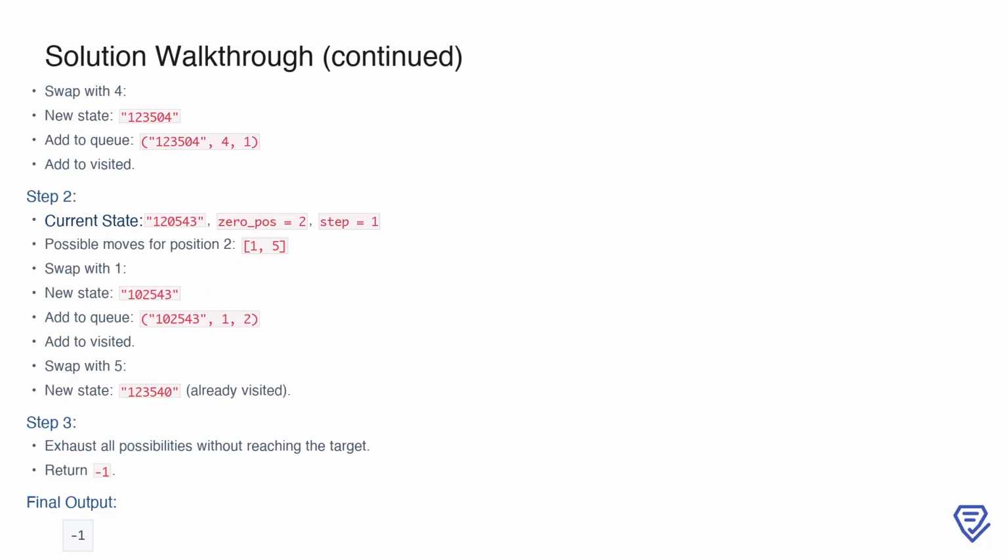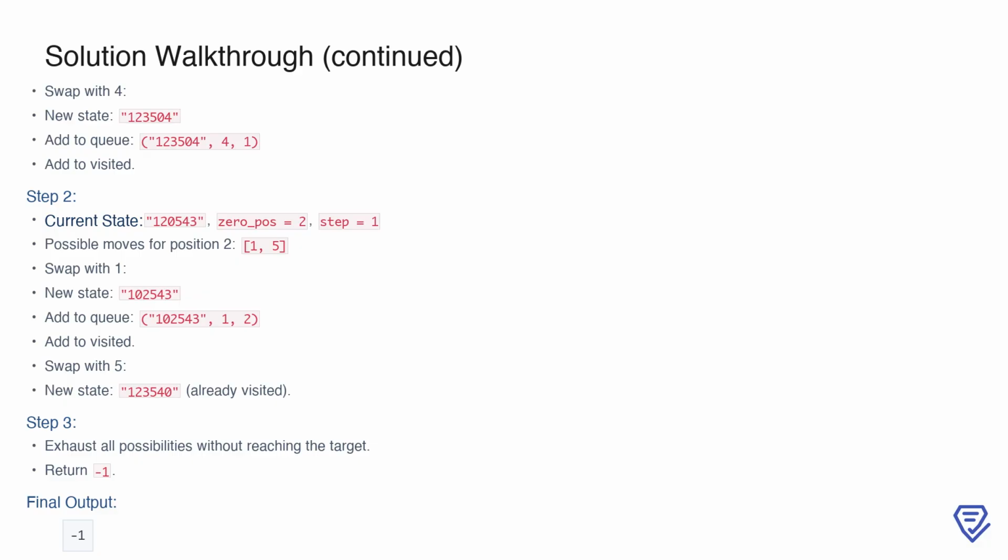From position 2, the 0 can move to positions 1 or 5. Swapping with position 1 produces the state 102543, which is added to the queue as (102543, 1, 2) and marked as visited. Swapping with position 5 gives the state 123540, but since this state is already visited, we skip it.